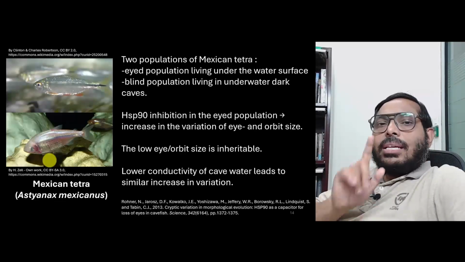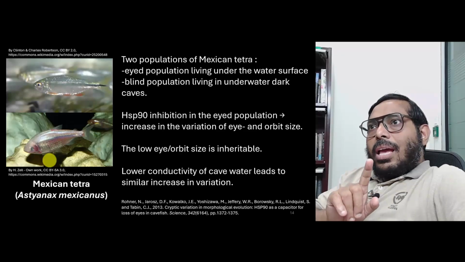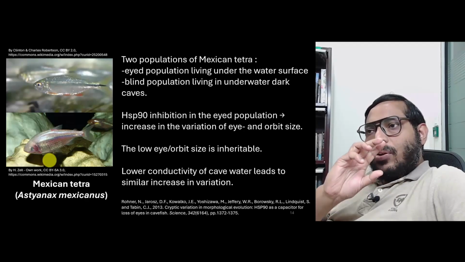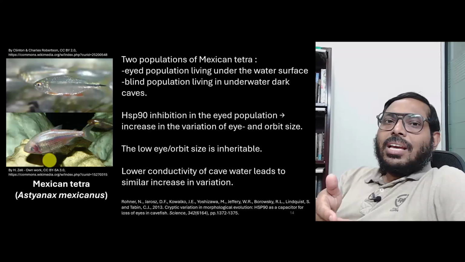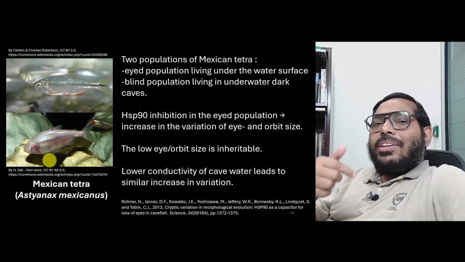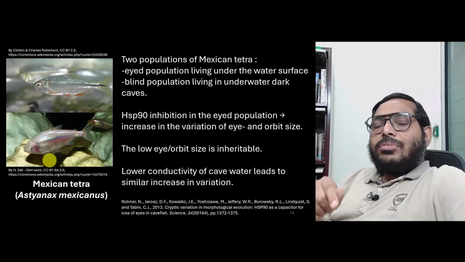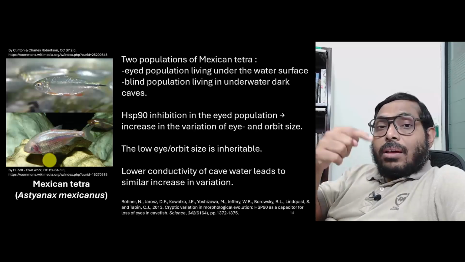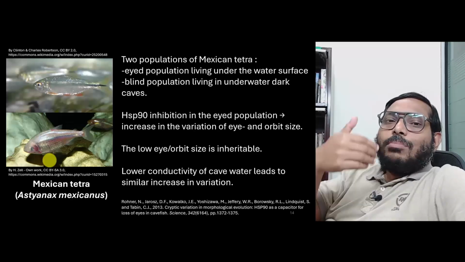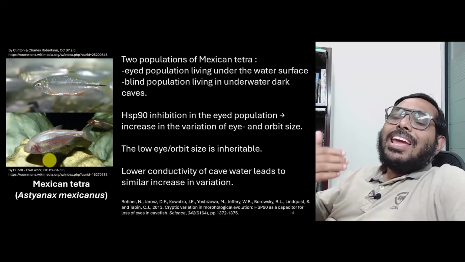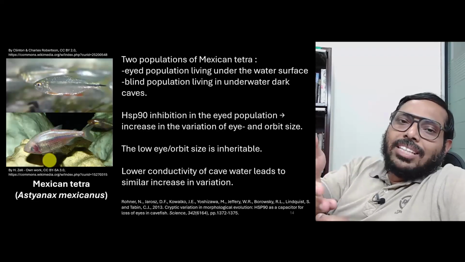And the expression and the sensitivity of these is negatively correlated with the eye size. In other words, those fishes which have smaller eye size have much better sensitivity of these sensory organs, and therefore they are able to catch their prey much better.